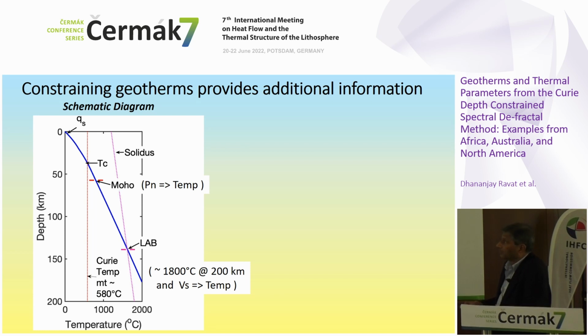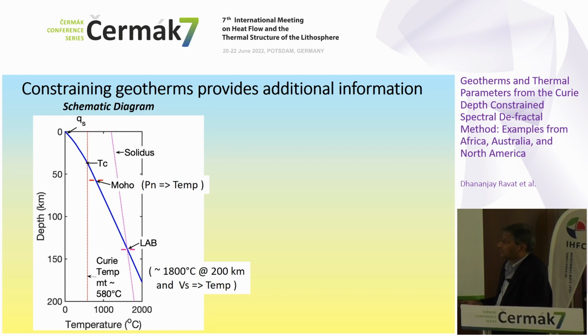Curie depths of different magnetic minerals are different, so you have to be a little bit careful when you assume magnetite all over the place all the time. This other pink or magenta line is the solidus, just to give you an idea of where things may be in terms of solidus and how and when the geotherm may intersect the lithosphere-asthenosphere boundary.